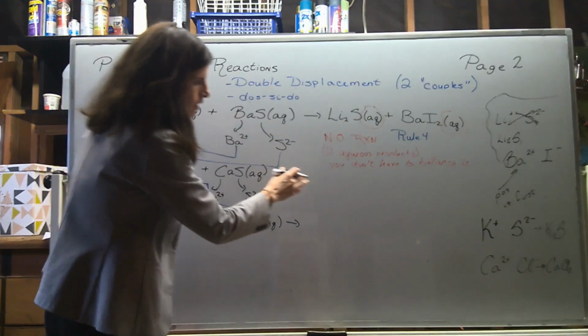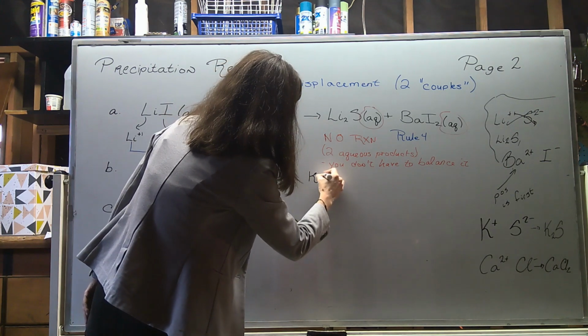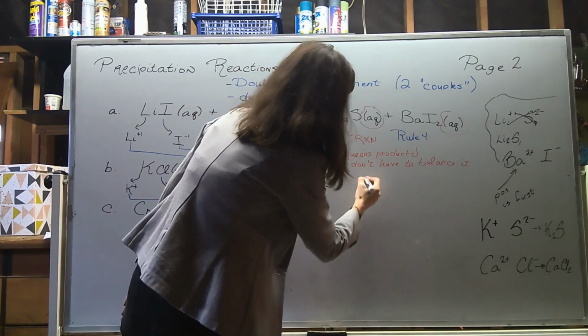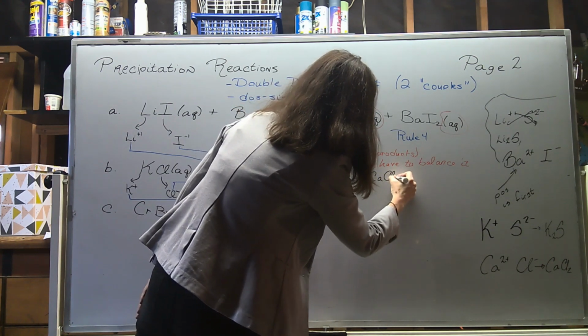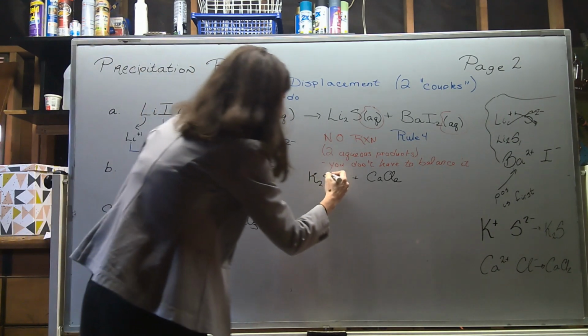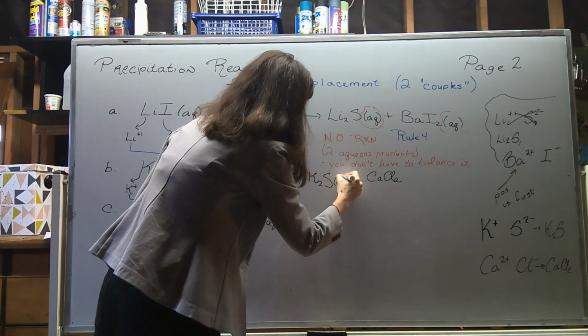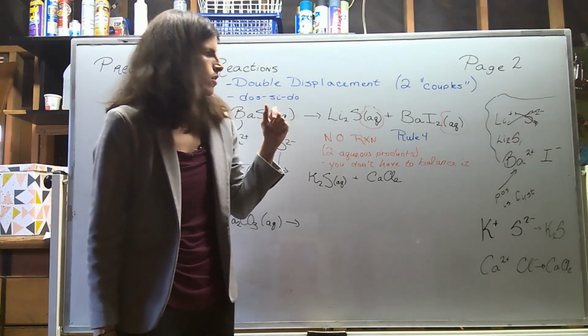So I'm going to write those in here. Give yourself some extra space. So K2S and CaCl2. Group 1, yes, right? Aqueous. That rule 4 again, it includes chlorides.